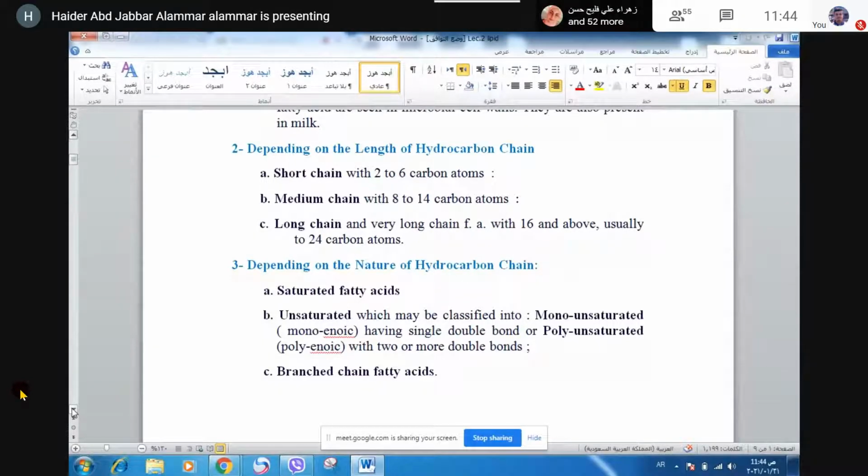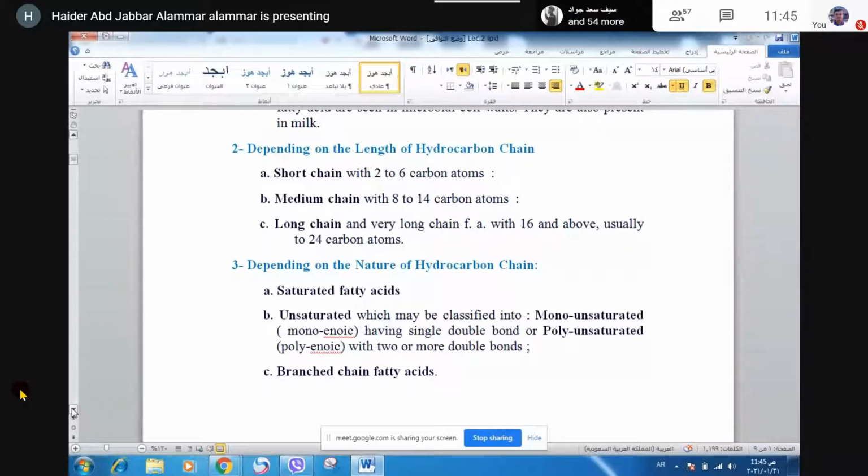The second type is unsaturated fatty acid, which may be classified into monounsaturated, which contains a single double bond, or polyunsaturated fatty acid, which contains two or more double bonds. And this is loosely, not closely, packed because of the presence of the double bond. This causes kinking in the fatty acid chains.